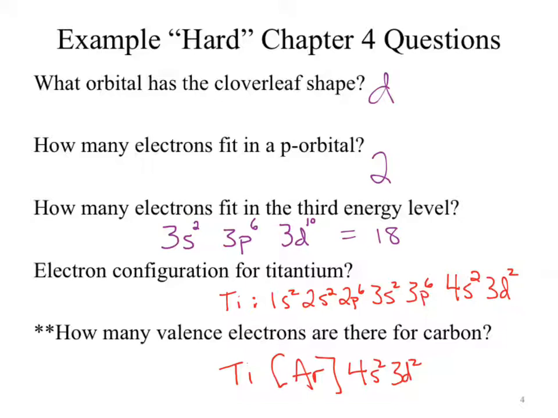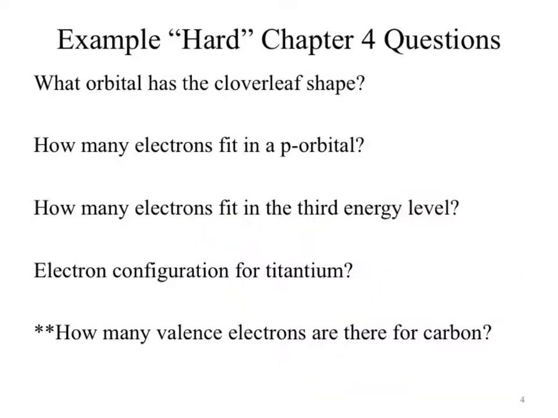Okay? Again, one of the reasons why I won't ask questions about transition metals, because it's more advanced than you need to be. How many valence electrons are there for carbon? So to figure it out, carbon's electron configuration.